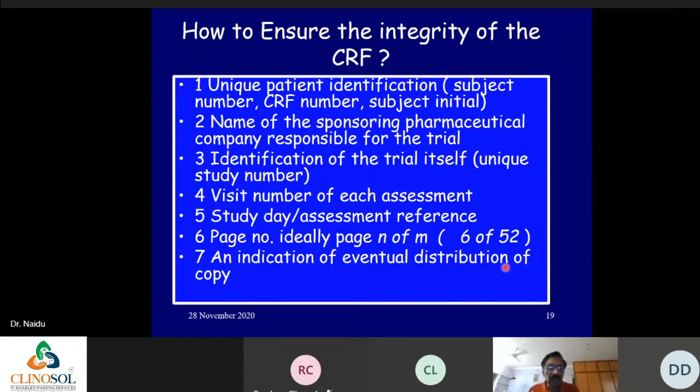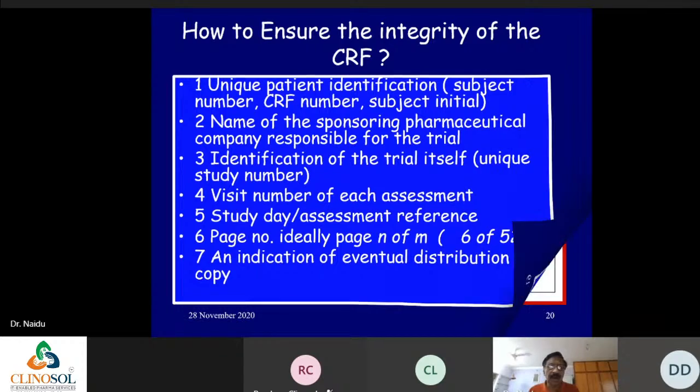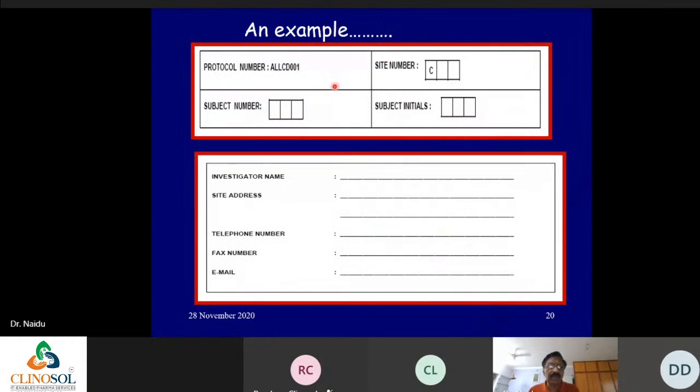Additional event distribution of copy. You should have an additional distribution of copies required for the case record form in emergency, if somebody wants to check. This is one example which should be there in the case record form. I don't want to go into detail because you may be coming across various case record forms.